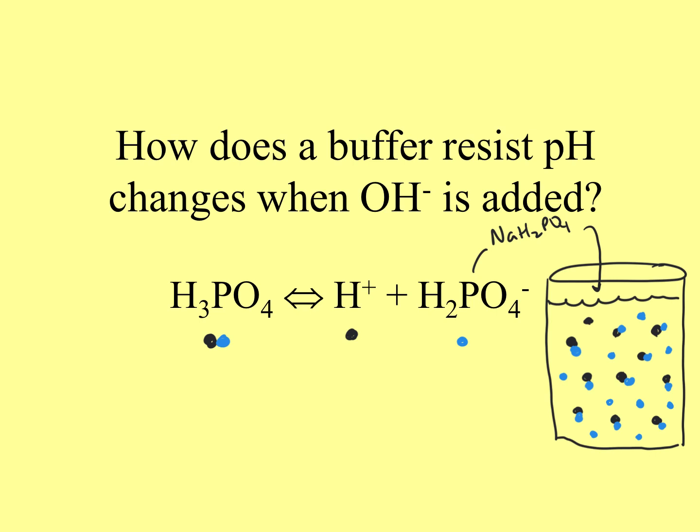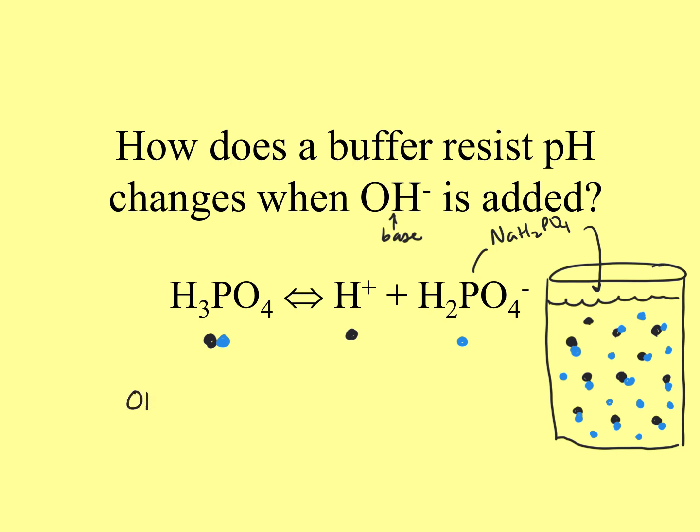So what's going to happen here is if you add OH minus, think about what it's going to react with. This is the base, and bases react with acid. So the acid in this particular equilibrium is the H3PO4 right here, and that's what the OH minus is going to react with.